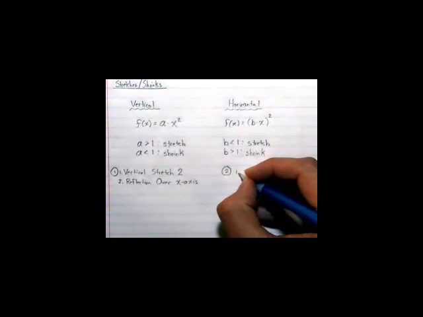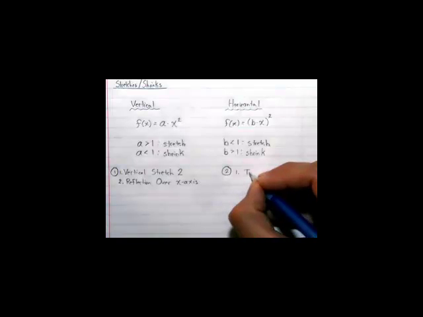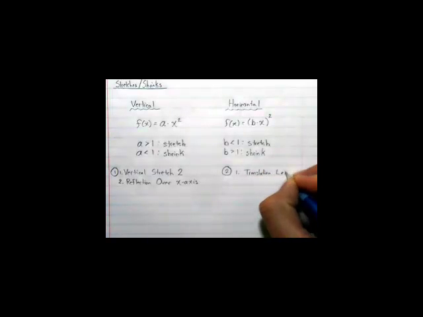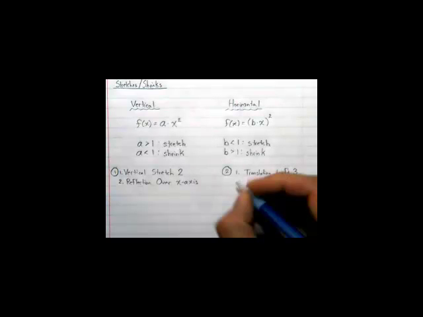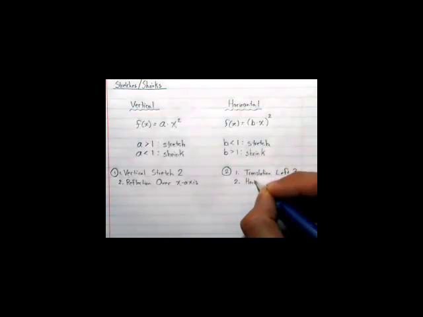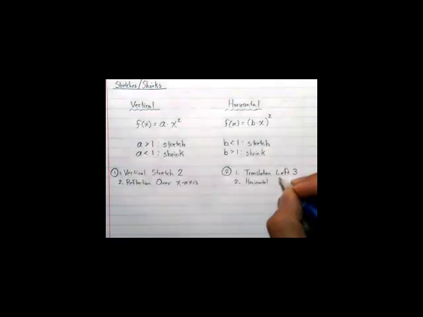All right, the second equation you're going to make, you're going to start with translation left 3. Then we're going to do a horizontal shrink by 1/4.